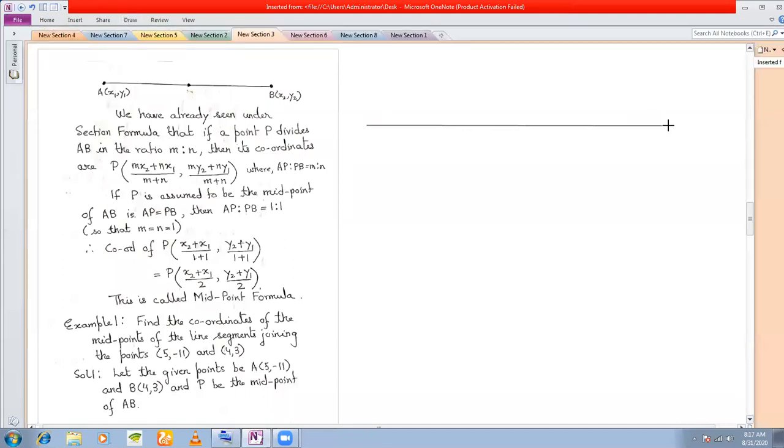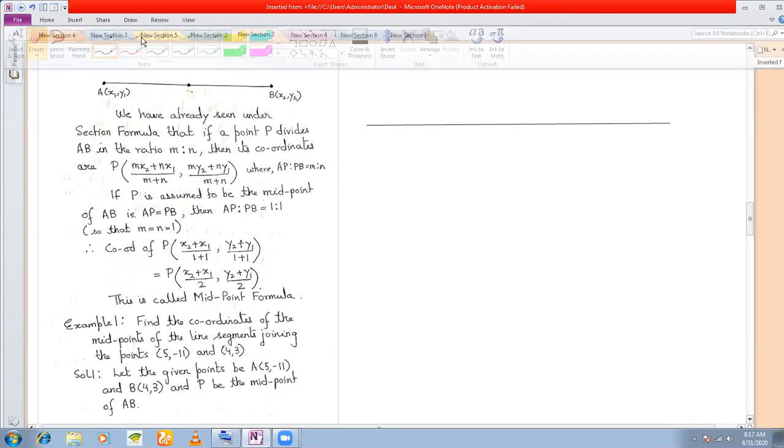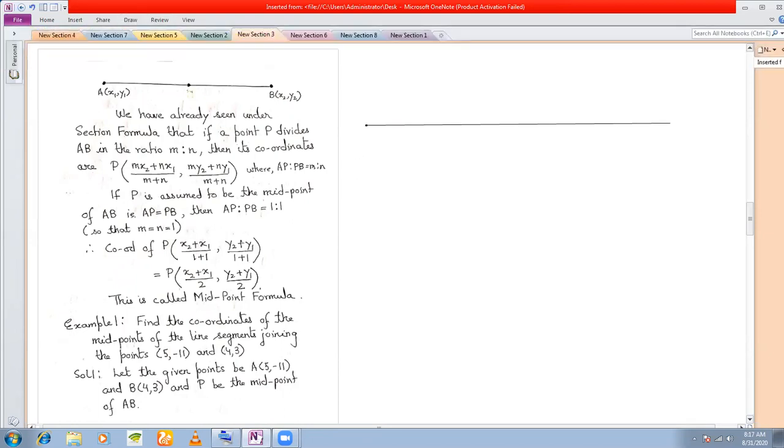Let us say we have a line segment. Let us say you have this point as A, whose coordinates are given to you as x1, y1. And let us say I have another point here, B, whose coordinates are given to you as x2, y2.